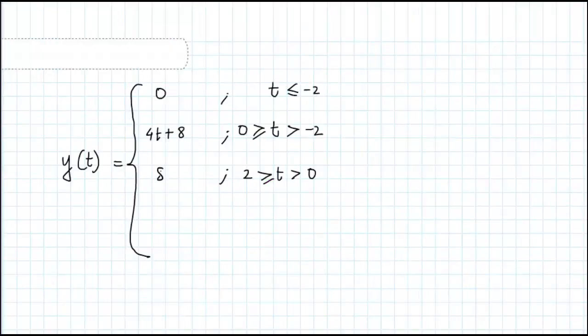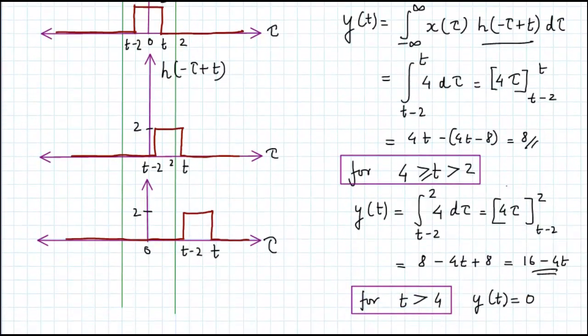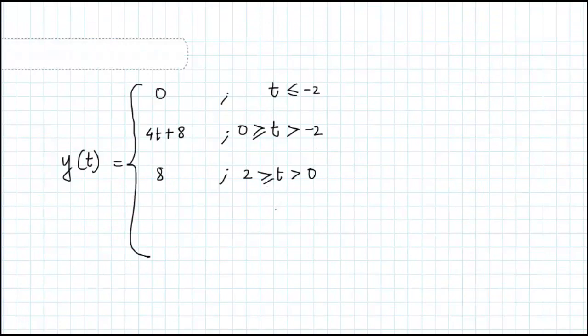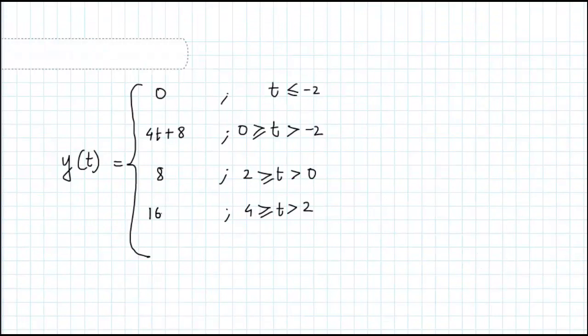Then for the next time period, between 2 and 4, for t greater than 2 but less than or equal to 4, the equation is 16 minus 4t. And finally for t greater than 4, the values are going to be 0.